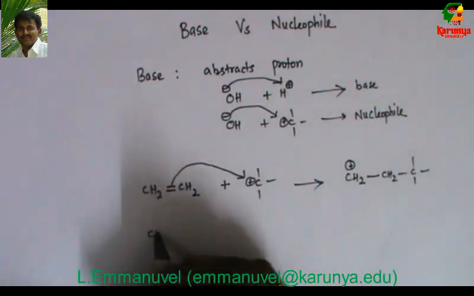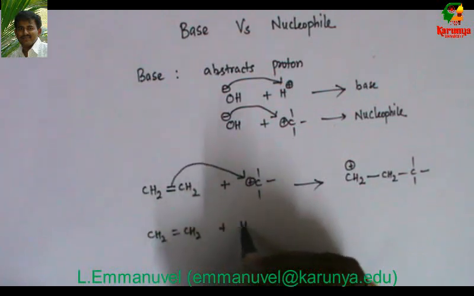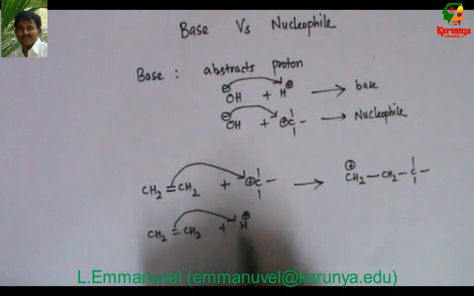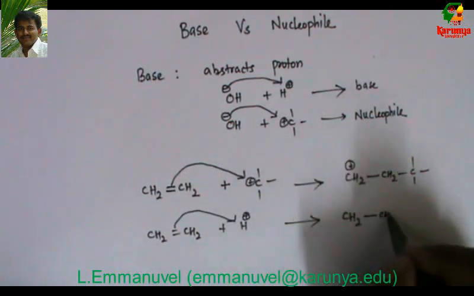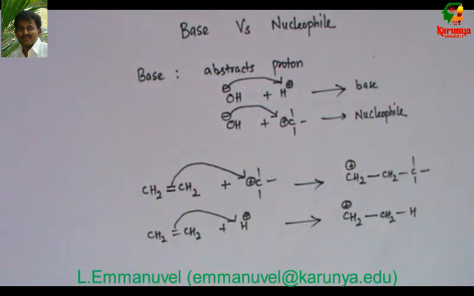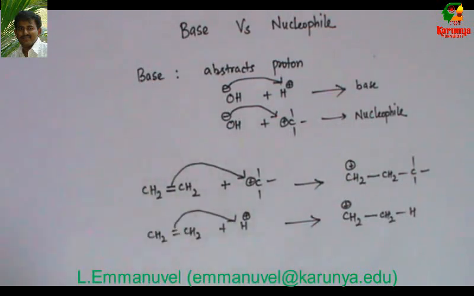The similar reaction is possible with H plus also. This bond attacks here, and you can see here when we add H plus to alkene, what we get is a carbocation.